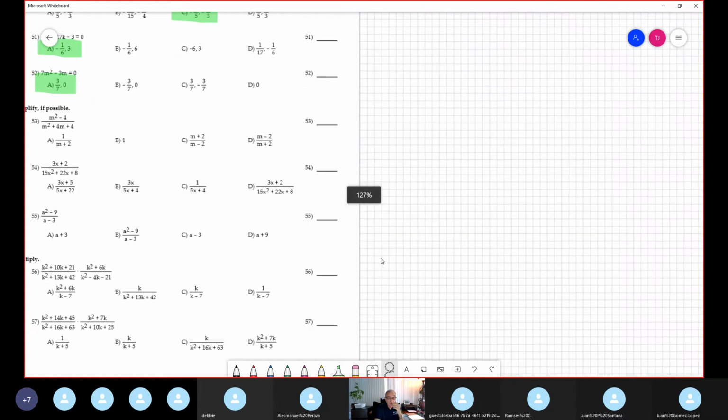Let's see another application of factorization. That is the reason that factorization is extremely important in algebra. We now have fractions, rational expressions. A rational expression is, by definition, a polynomial divided by another polynomial.